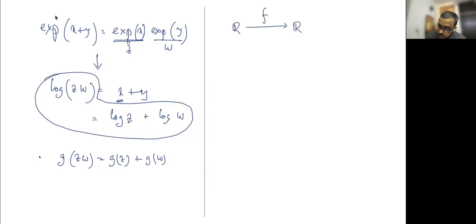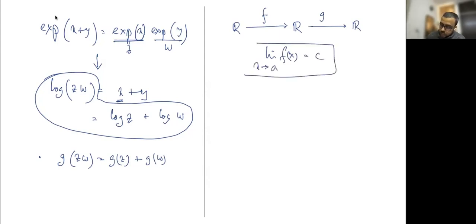So f is a function from R to R, and g is another function from R to R. Suppose the limit of f(x) as x goes to a is c, and the limit of g(y) as y goes to c is d.